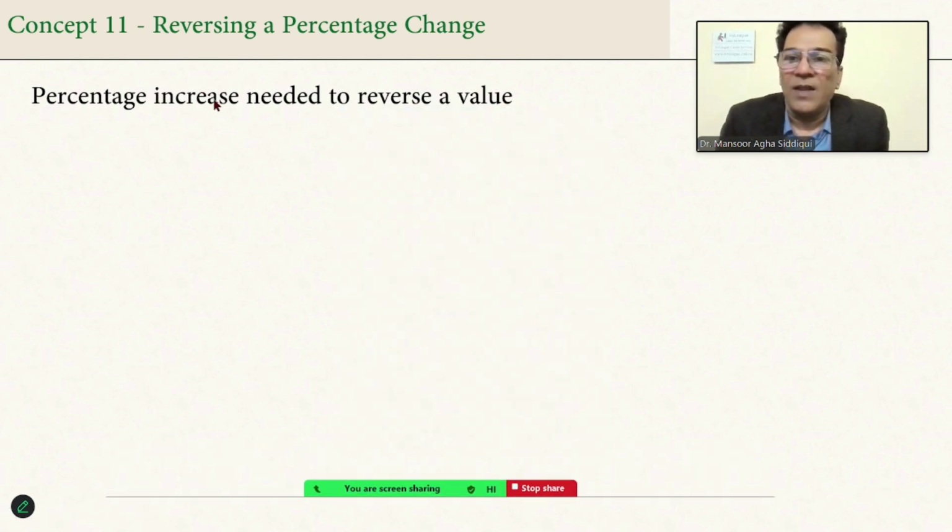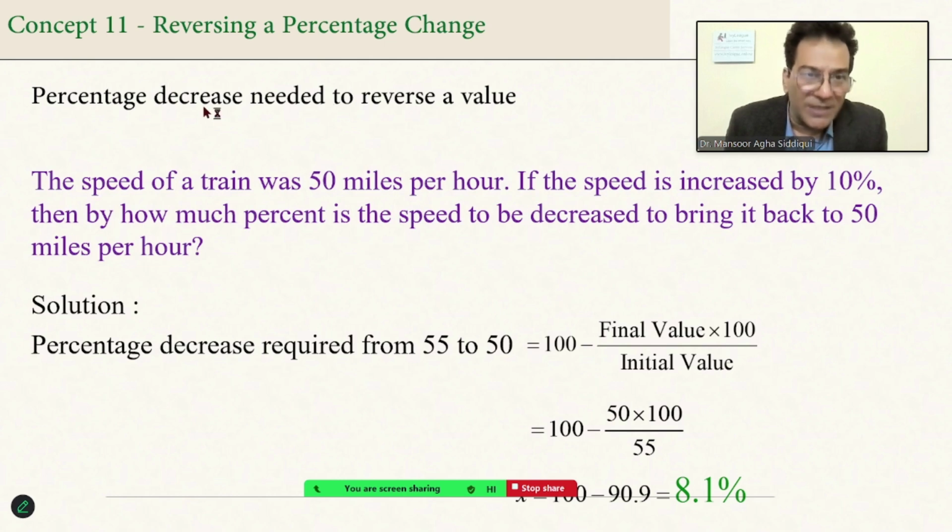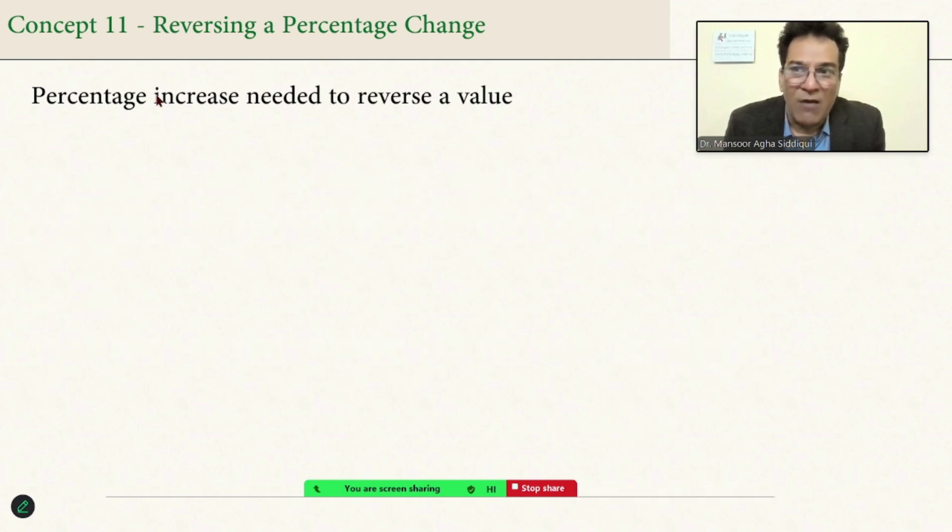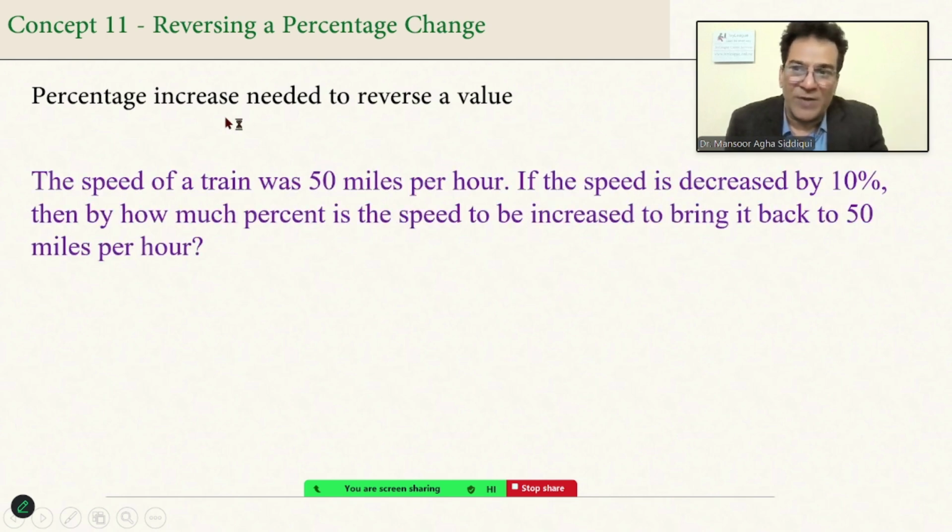Okay. Now we are learning percentage increase which is needed to reverse a value. In the previous question, we did a percentage decrease. Now we are learning how to do a percentage increase. So in exactly the opposite kind of question, suppose the question's language says the speed of a train was 50 miles per hour. This was the first speed.